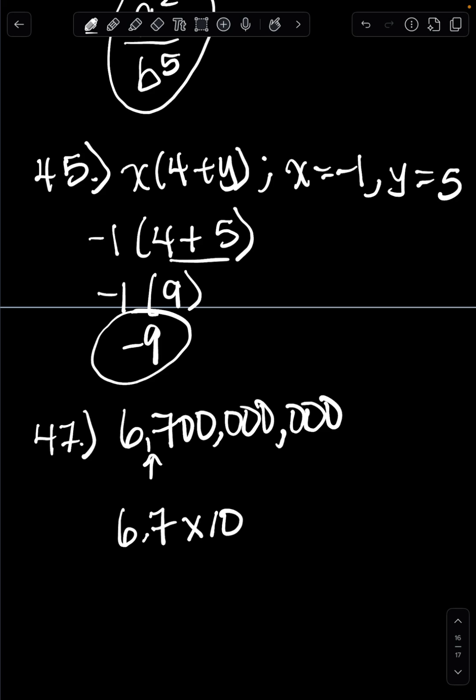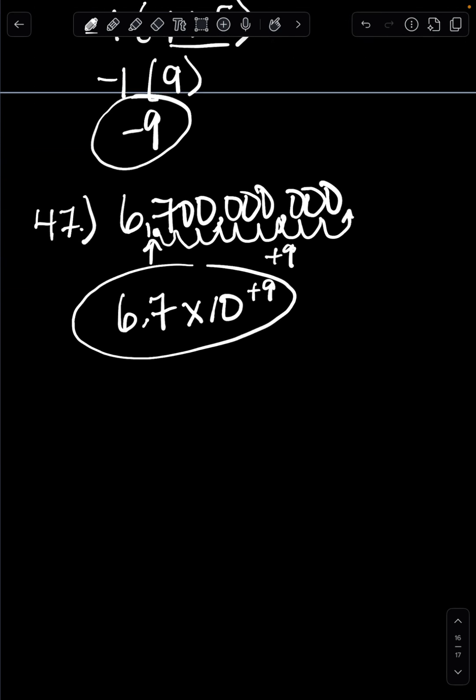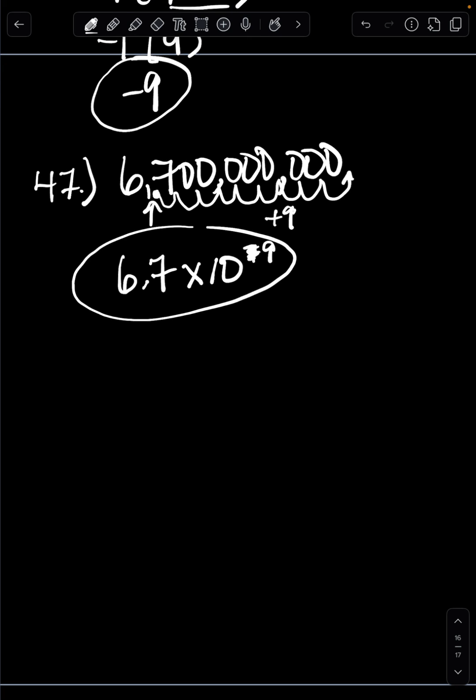Let's take it from where we need it to where it was. Where was it? 1, 2, 3, 4, 5, 6, 7, 8, 9. To the right. So that's plus 9. Actually, you don't really need the plus in there. If there was a minus, you would need it, but it's not wrong if it is there.